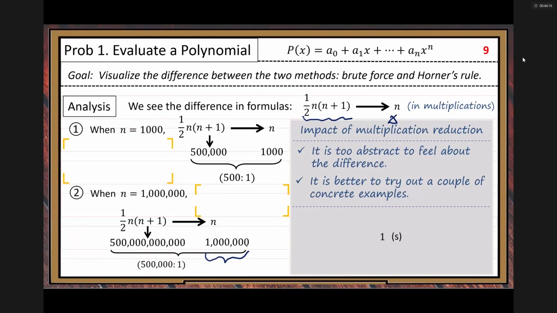Quite reasonable. But if we use the same computer to calculate the same polynomial with the old brute force algorithm, that number should be multiplied 500,000 times. So you need 500,000 seconds.